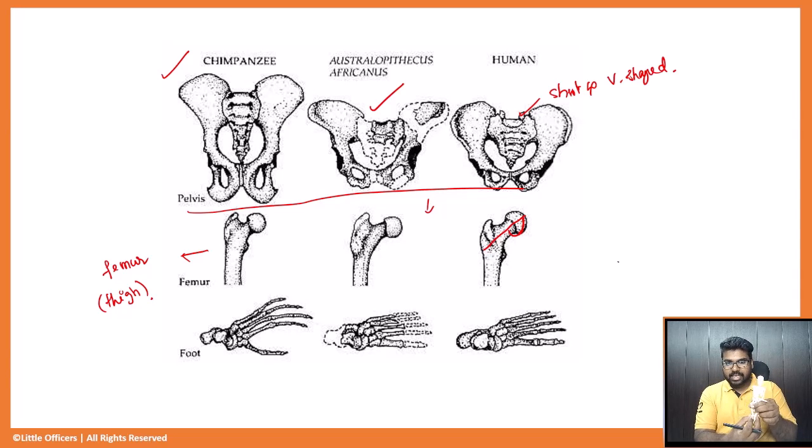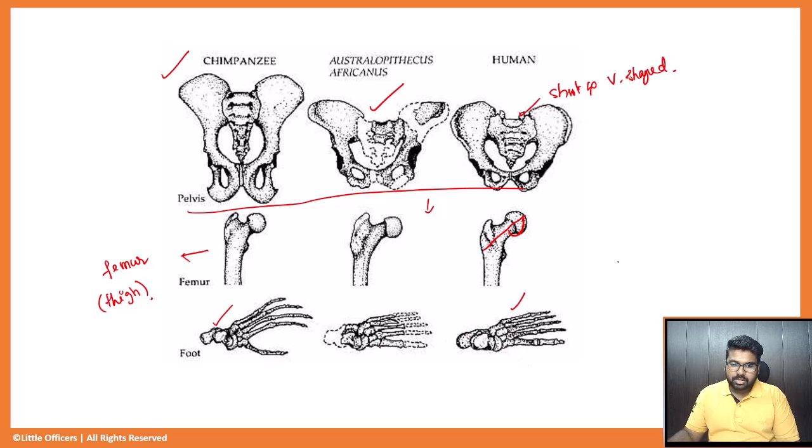So coming down, in the knee joints and all, they also transfer smoothly, and you have more bones here. Look at this. There are more bones in the legs, and these more bones and more muscle smoothly transfer the weight to the feet. Now look at the feet of humans. See, this is the foot of the ape and this is the foot of the human.